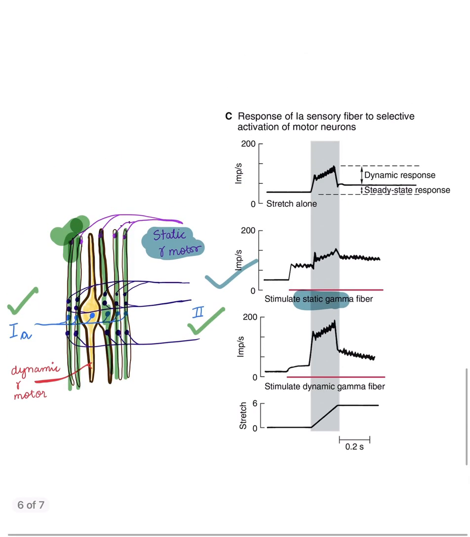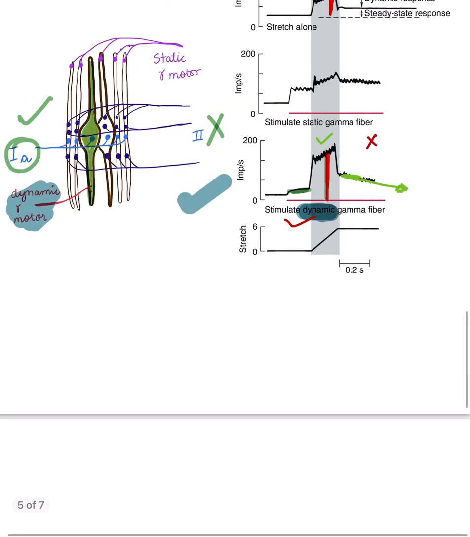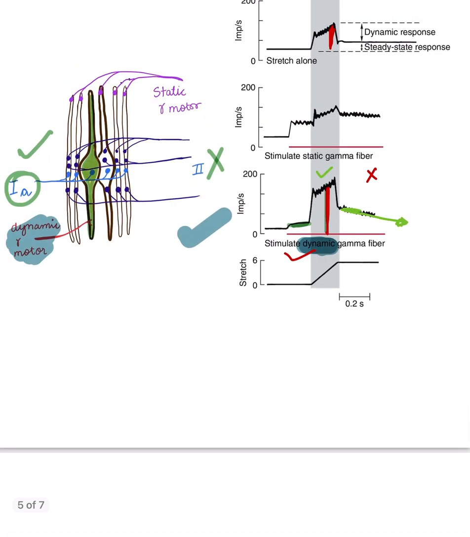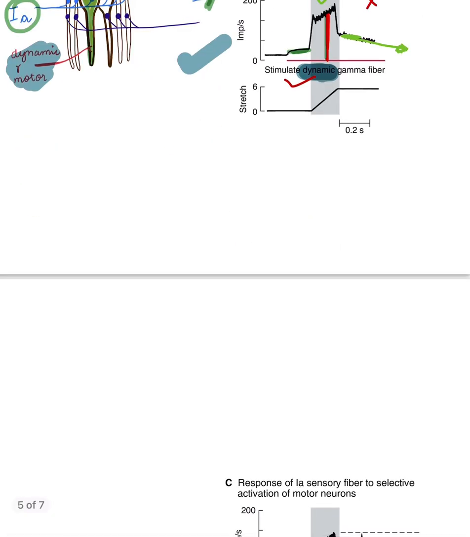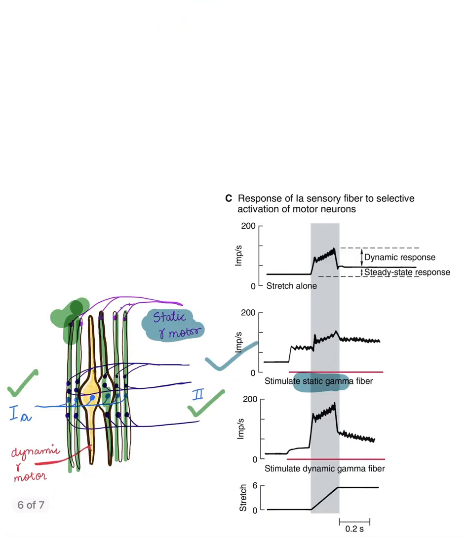While in the previous scenario, there was no increase in activity in 2, but only 1A activity was increased. But when we are stimulating the static gamma motor fibers, there will be increase in tonic activity of both 1A and 2.